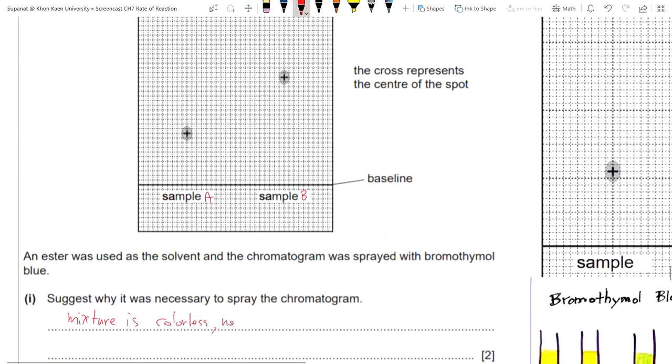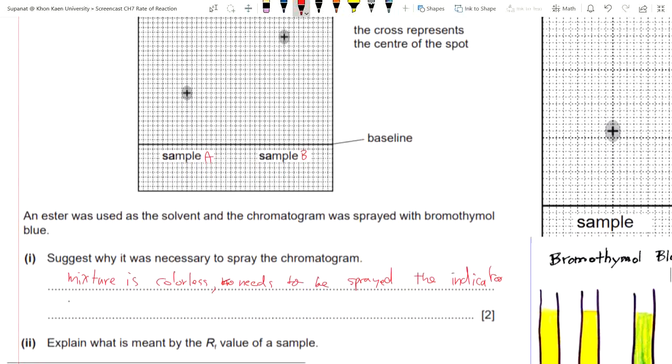And it needs to be sprayed with the indicator solution. Indicator, because the color will change with the different pH.